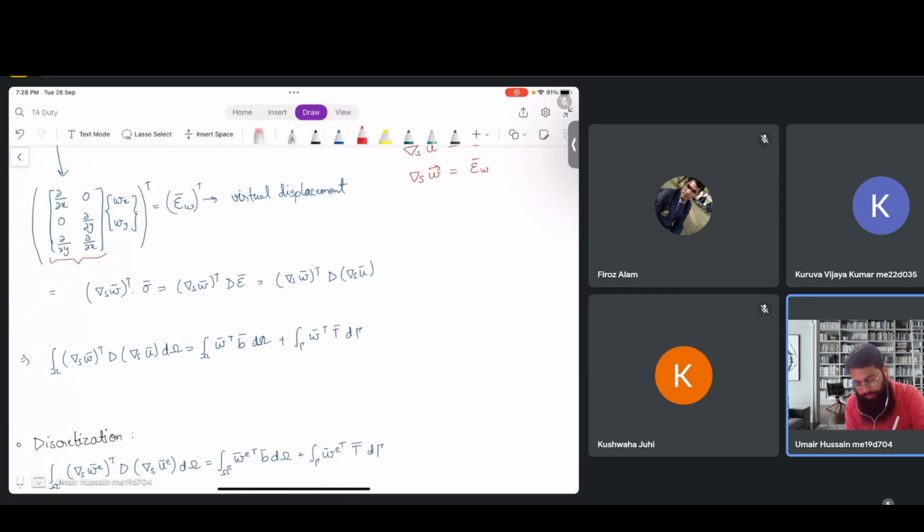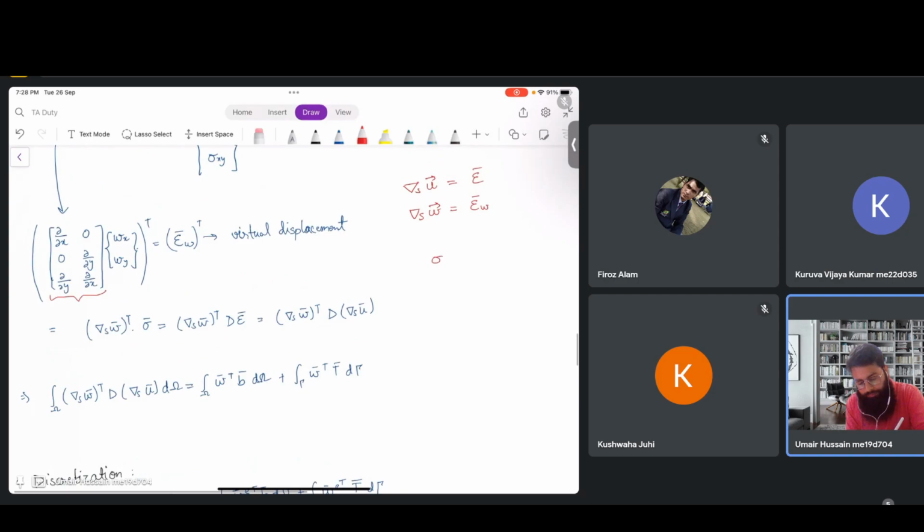and again we know that sigma equals D times epsilon. And epsilon can be written as, right? I'll just leave this bar here, remove it there for consistency.